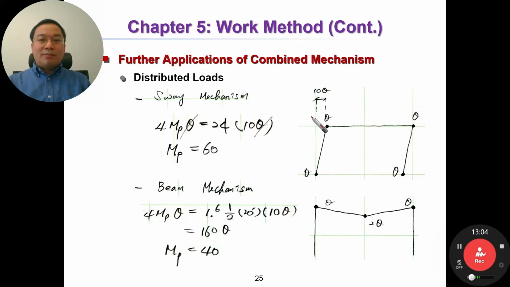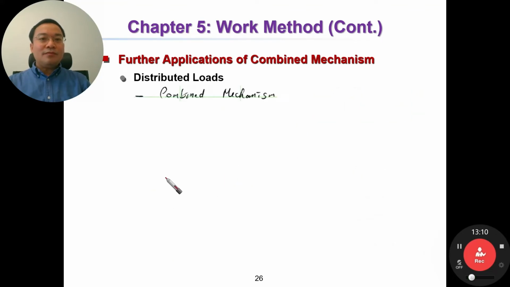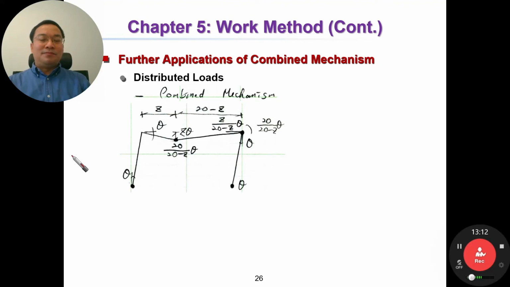And now we combine the beam mechanism and the panel mechanism together. This is the combined mechanism. Moment here, plastic hinge maybe here and here and here, but note that in the beam we do not know where the plastic hinge might occur.